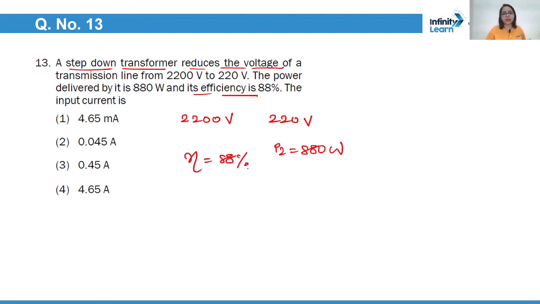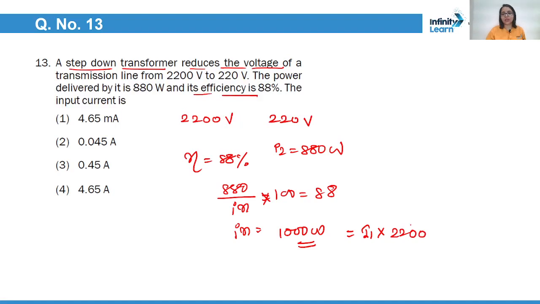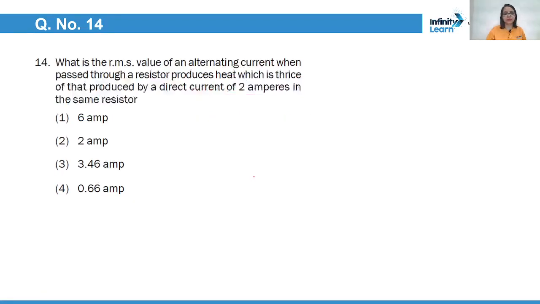So the input current is... So over here, efficiency is output divided by input power into 100, which is equal to 88. So input over here will be 1000 watt and that is equal to current input into voltage input, which is 2200, right? So I1 will be 1000 divided by 2200 and that is equal to 0.45 ampere.